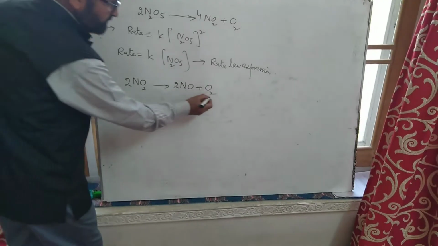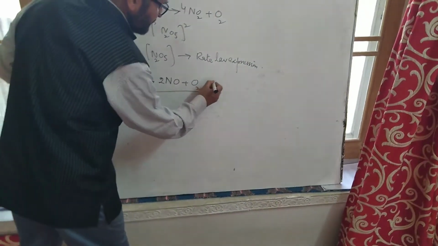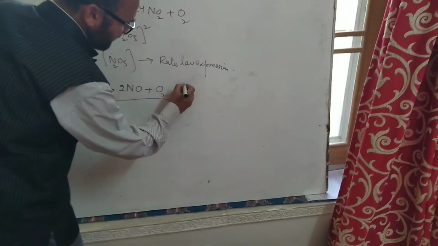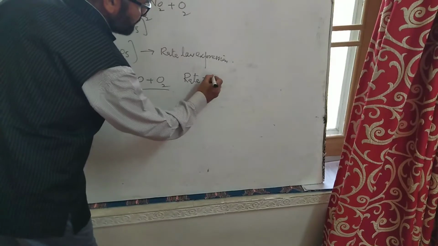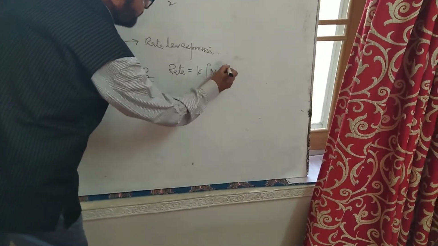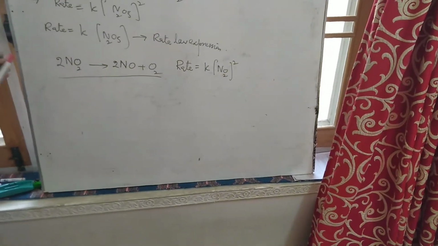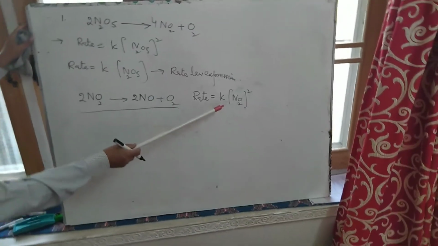As per the law of mass action, rate is equal to K concentration of NO2 raised to power 2. That means sometimes the power may be equal to the stoichiometric coefficients and sometimes it is not. Here I will explain this equation.